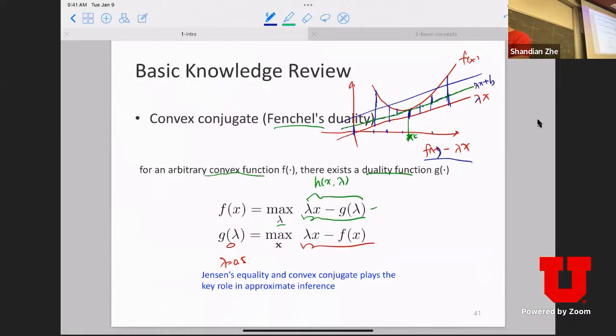I just moved that to give you a sense. If you move lambda x upward until it is a tangent line to f of x, then this distance becomes the smallest, because for other places, for other different x, this length will always be bigger than this. Does it make sense?